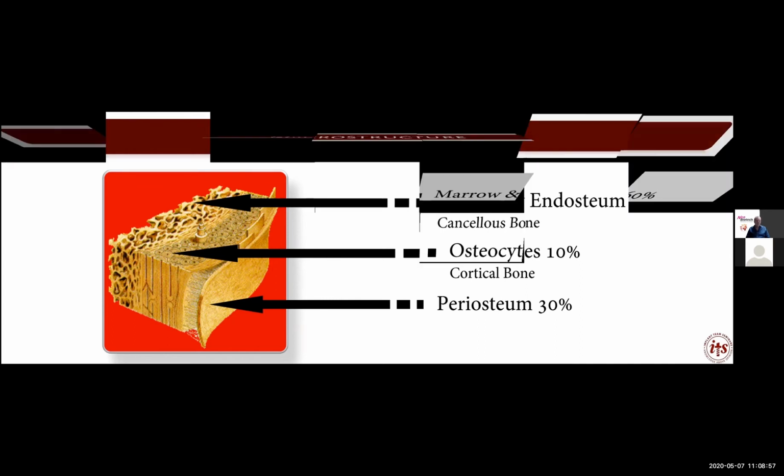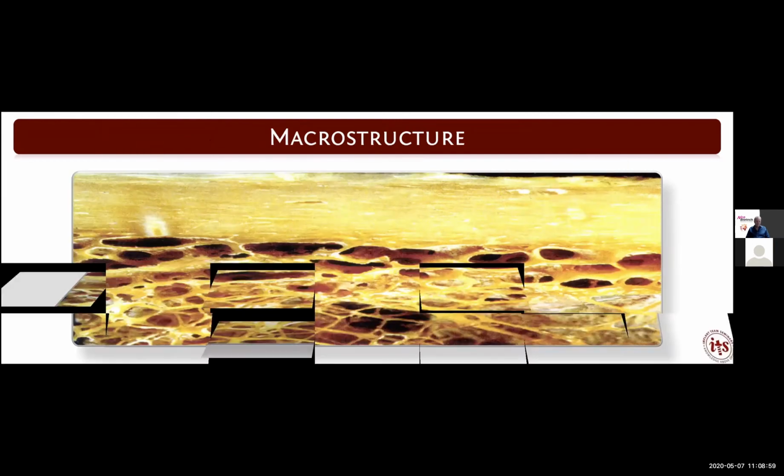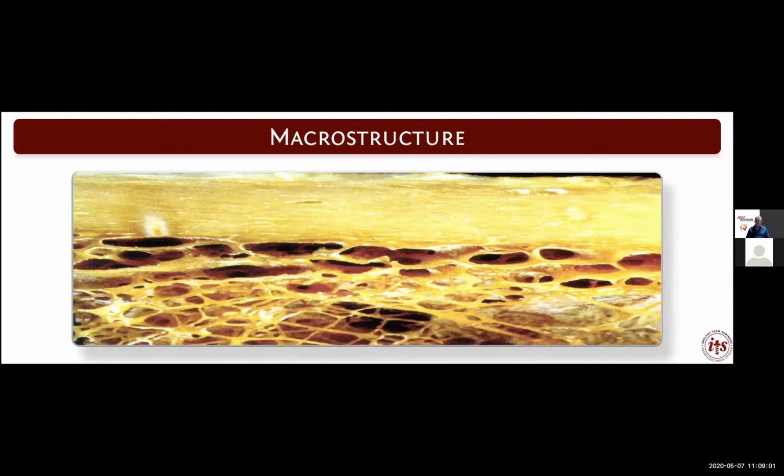So if we look at a slide that shows us a representation of good, nice, healthy bone, we see that there is a nice area of periosteum, definite area of cortical bone, and a large cancellous compartment in the trabecular.